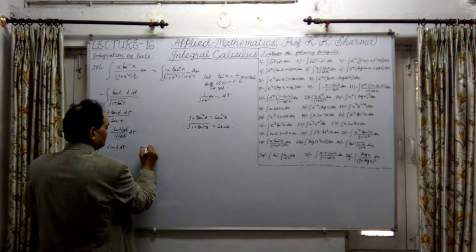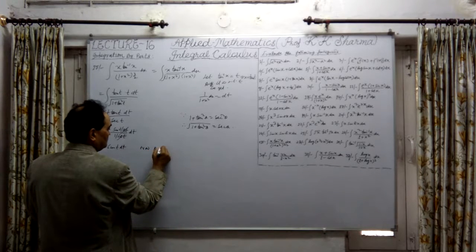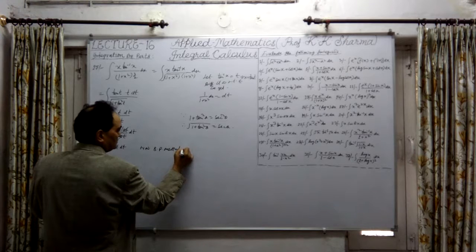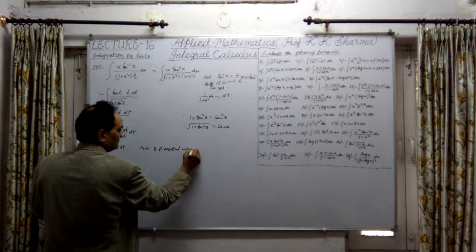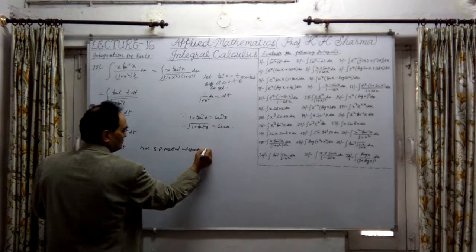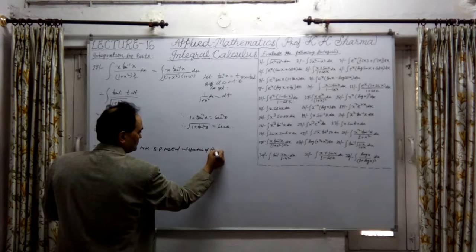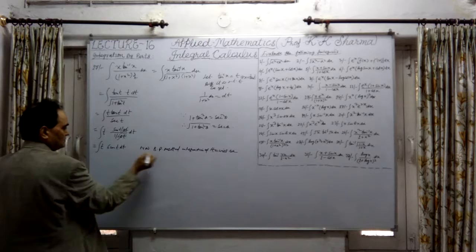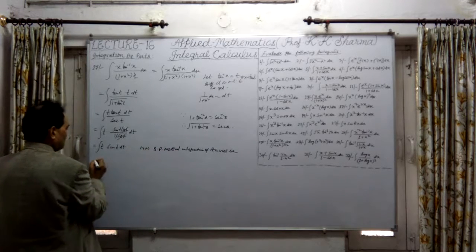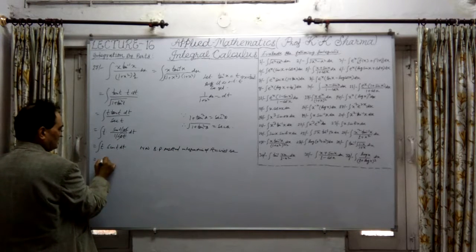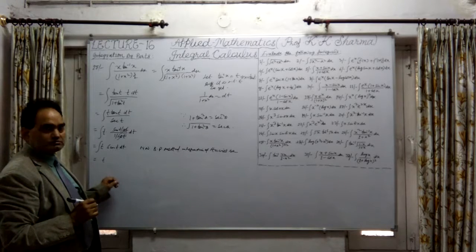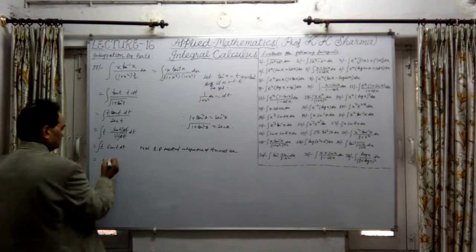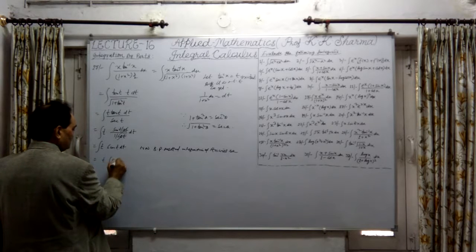Now using the ILATE method, the integration of this will be t as it is, because this is an algebraic function, and the trigonometric function is the second function. t into integration of sin t.